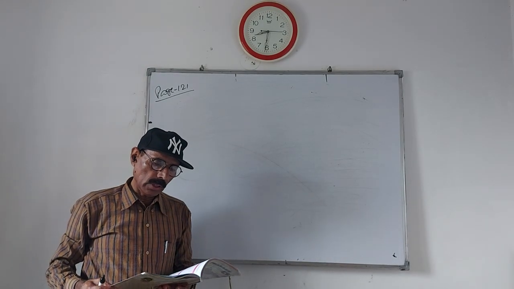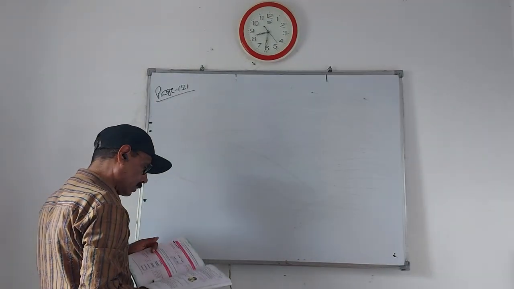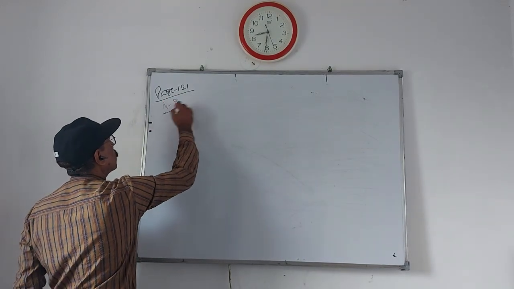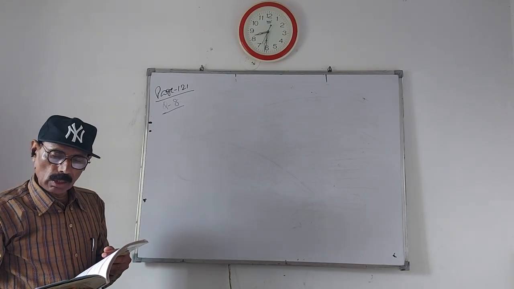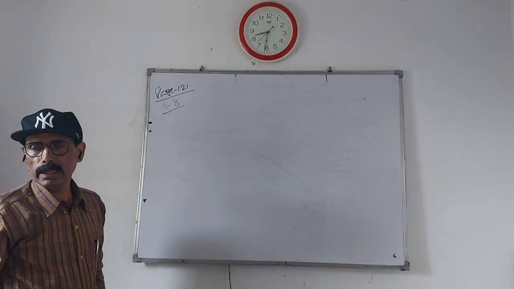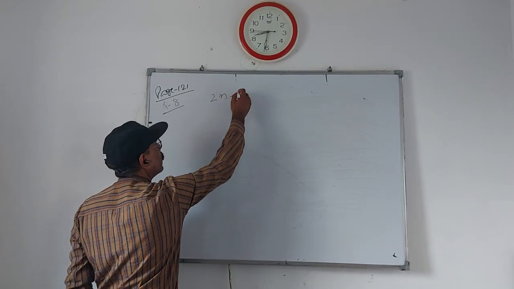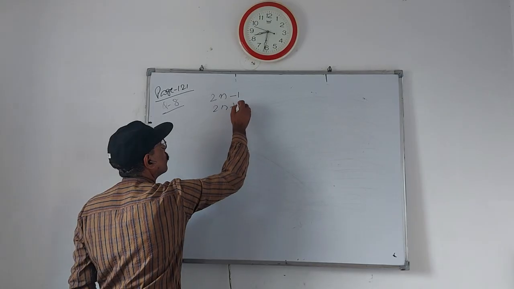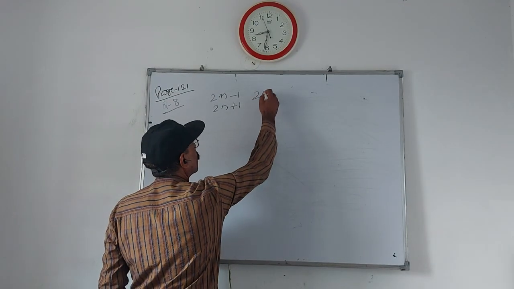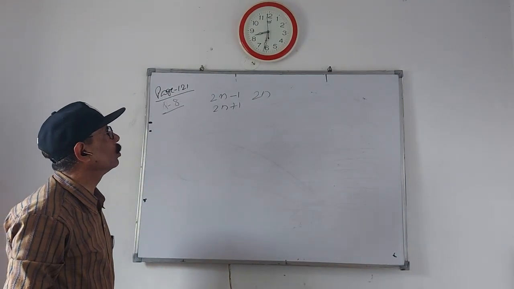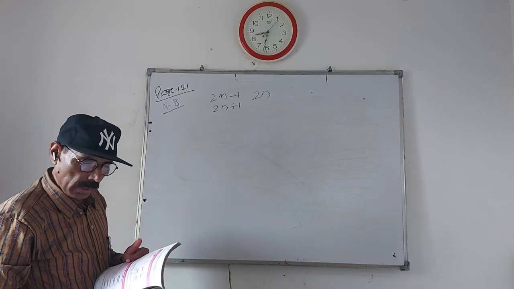Take any odd number, say 9. How can we write it? 2n minus 1 or 2n plus 1. This is the format of an odd number. An even number is 2n. So when you add an odd number to an even number, we get a multiple of 6.